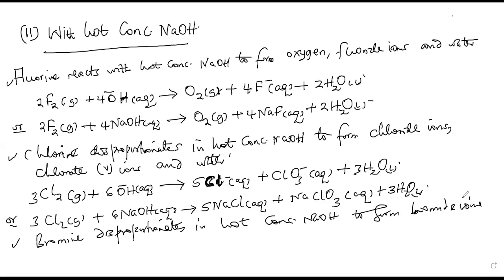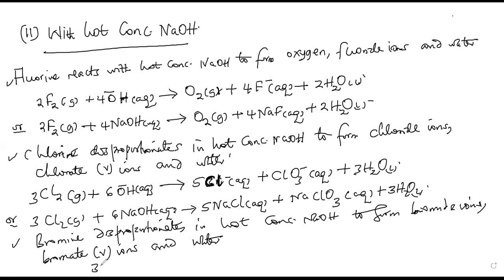From bromide ions, bromate 5 ions. Remember, with the cold, we are forming bromate 1. So here we form bromate 5 ions and water.